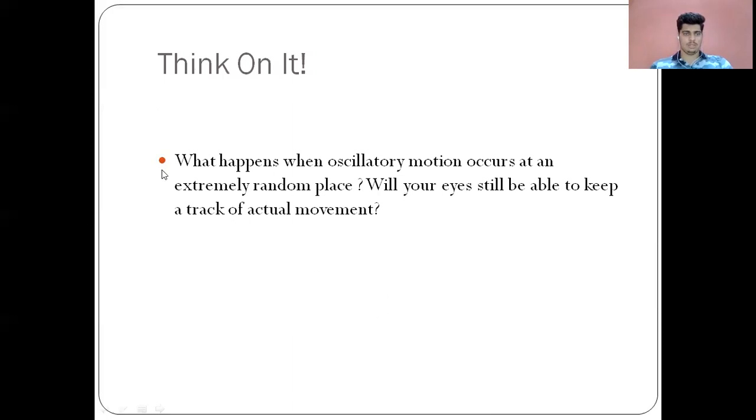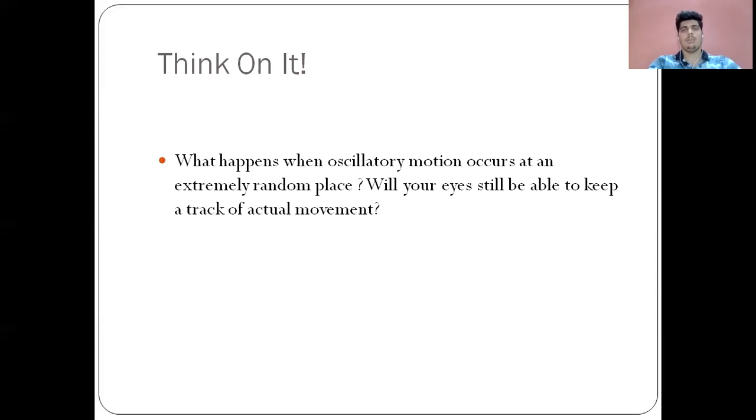And now here's a question: what happens when oscillatory motions occur at an extremely random place? Will your eyes still be able to keep track of the actual movement? It depends on the person, how they react to a motion.